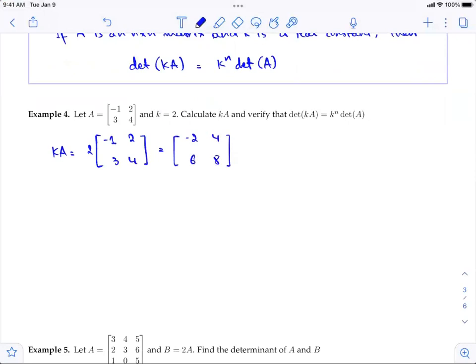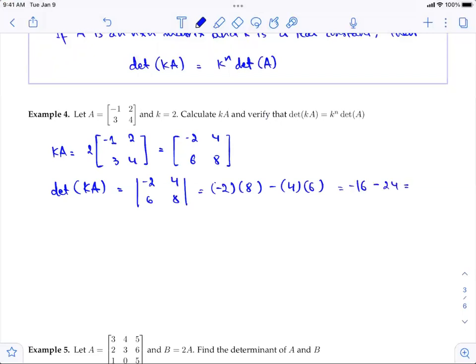Then you find the determinant of this scalar multiple: -2 times 8 minus 4 times 6, which is -16 minus 24, equal to -40.